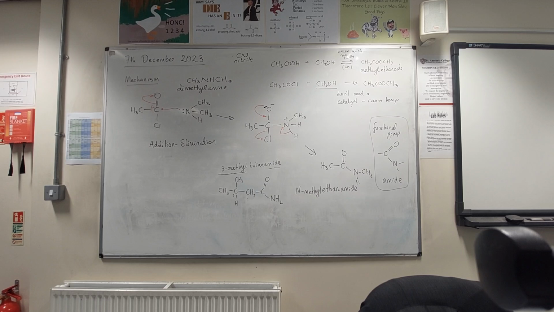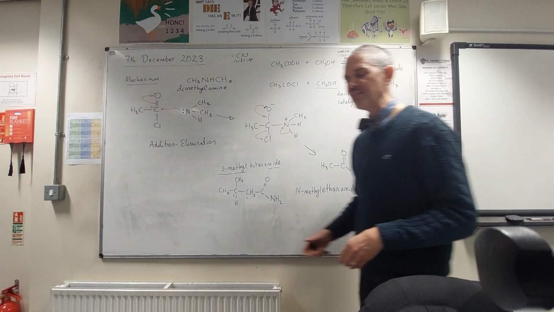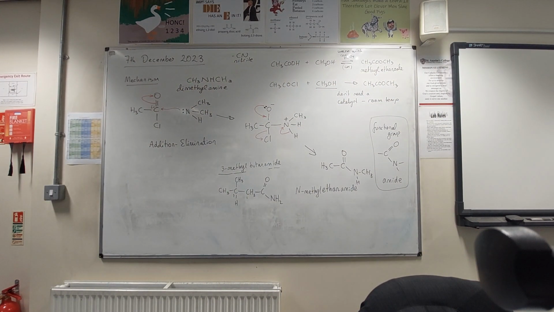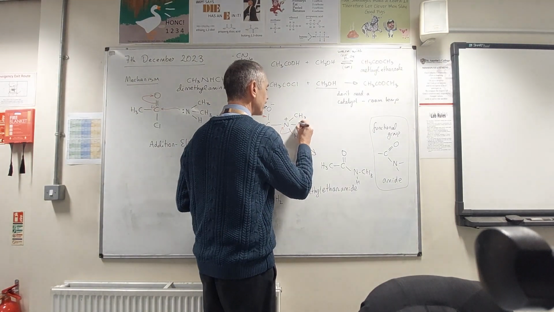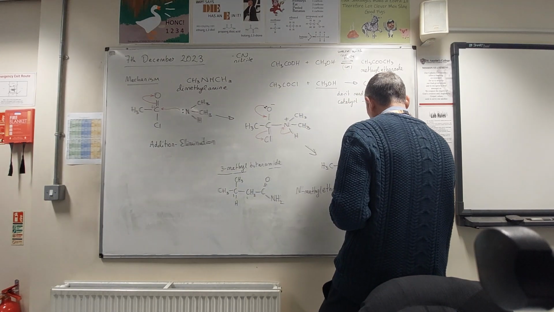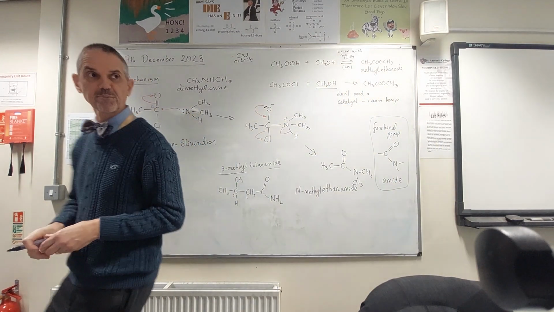So for addition elimination, it gets a bit of mechanism fun. So our second methyl group would be here as well, and we lose that H, and so we'd have a second methyl group there.